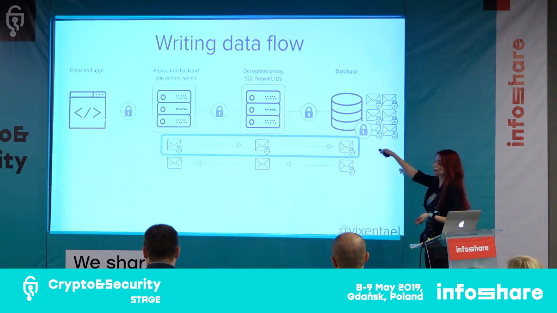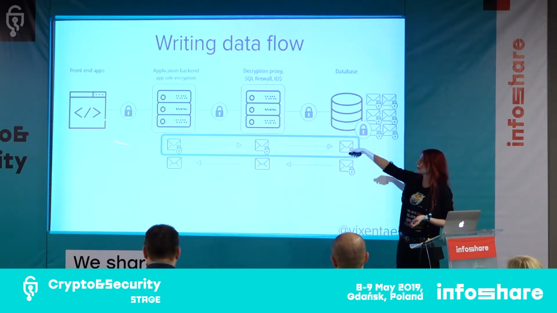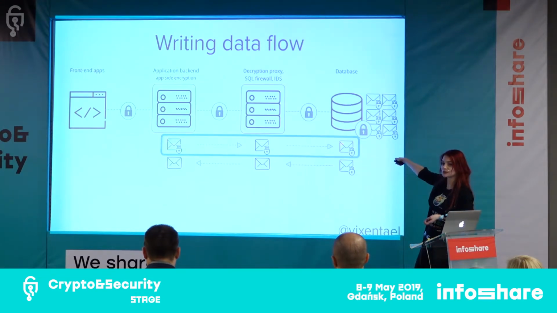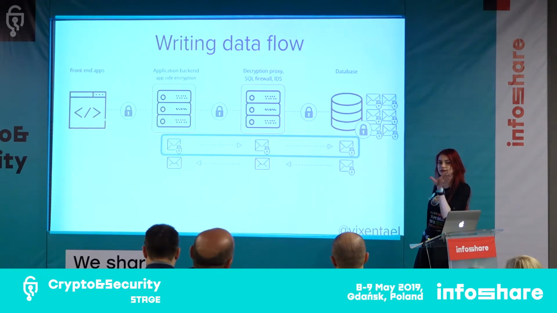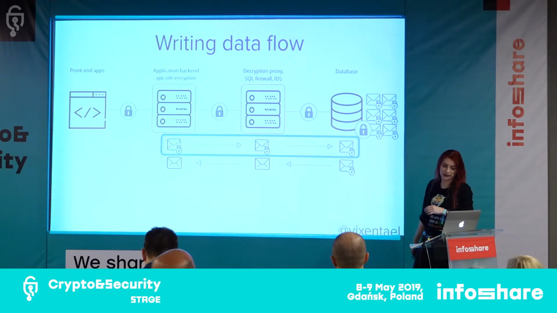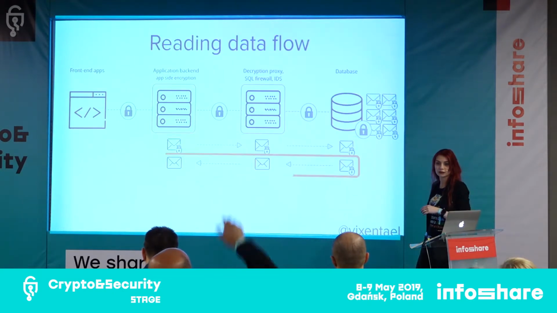This is how the writing process looks. The application encrypts the data and stores encrypted envelopes in the database. I'm talking about database cell level encryption. So any blob of data you find sensitive or valuable for an app, any string, any piece of binary, gets encrypted on the app side, and at the end it will stay in the database.